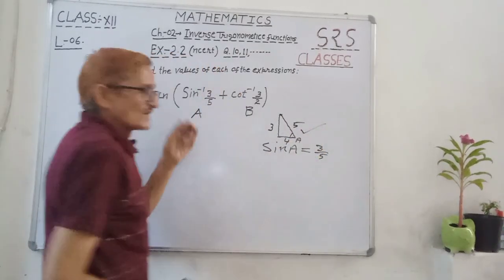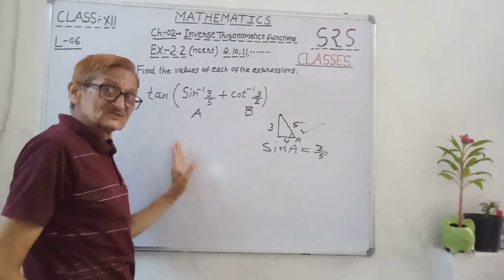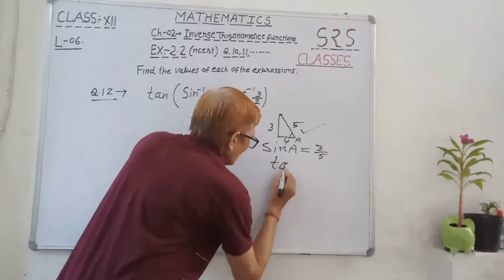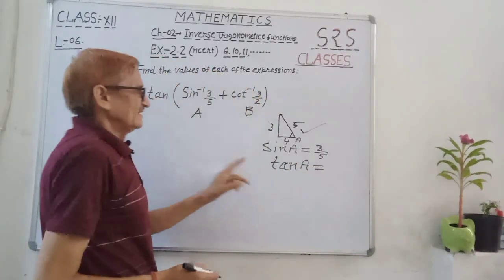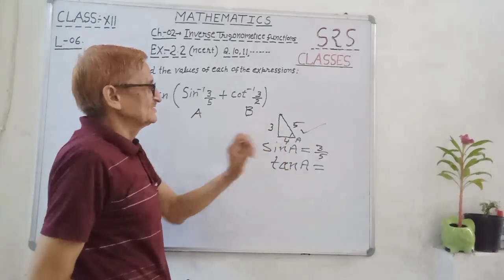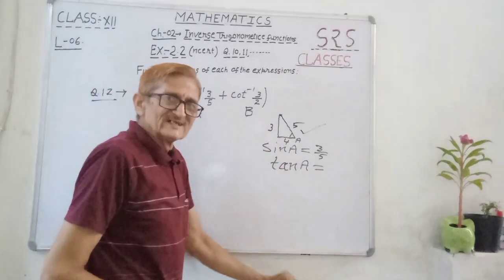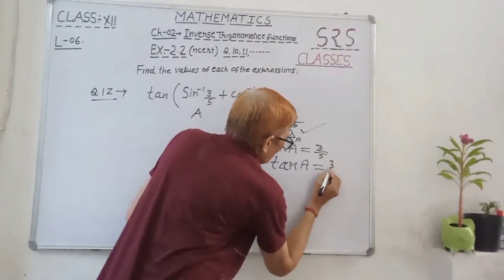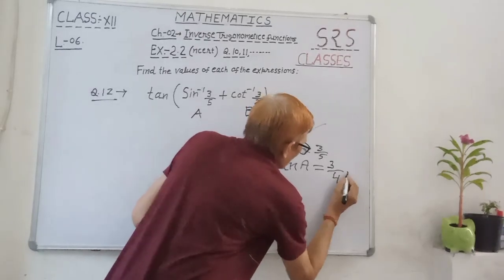Like this we can make the triangle roughly. Now in tan form, tan A is, from this triangle, opposite upon adjacent, so opposite 3 upon adjacent 4. So 3 upon 4.